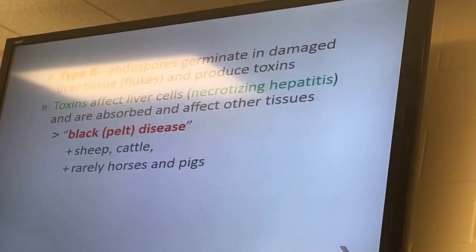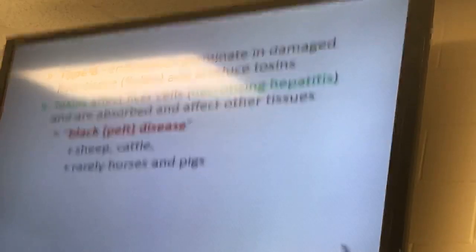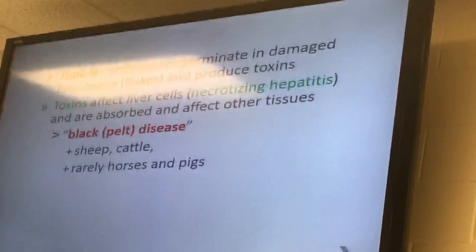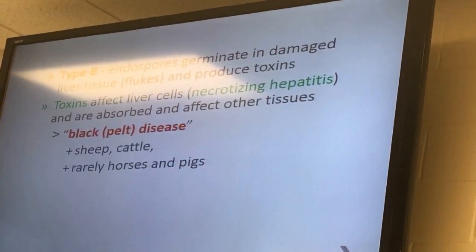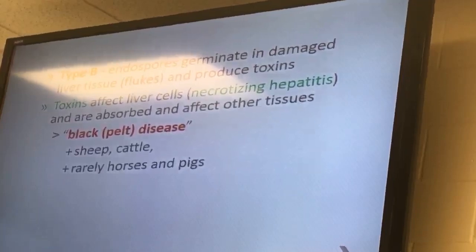And then it further enhances the necrosis of the tissue by decreasing blood flow to the tissues and actually devitalizing the cells directly.